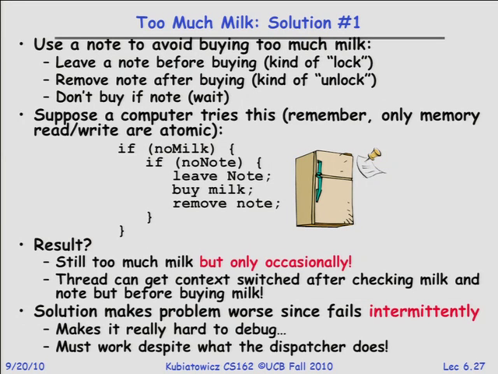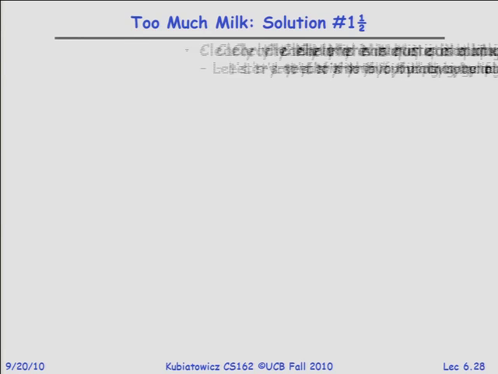So let's see if we can come up with solution 1.5, okay? Clearly the note doesn't block well enough, so let's try this by doing the note first. The problem was we checked stuff and then left the note, so let's leave the note first and then check. Okay, what's the problem here?